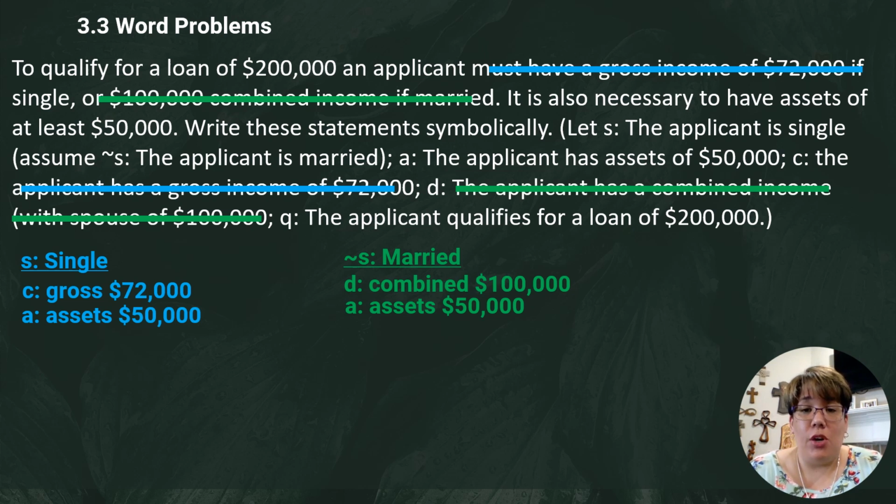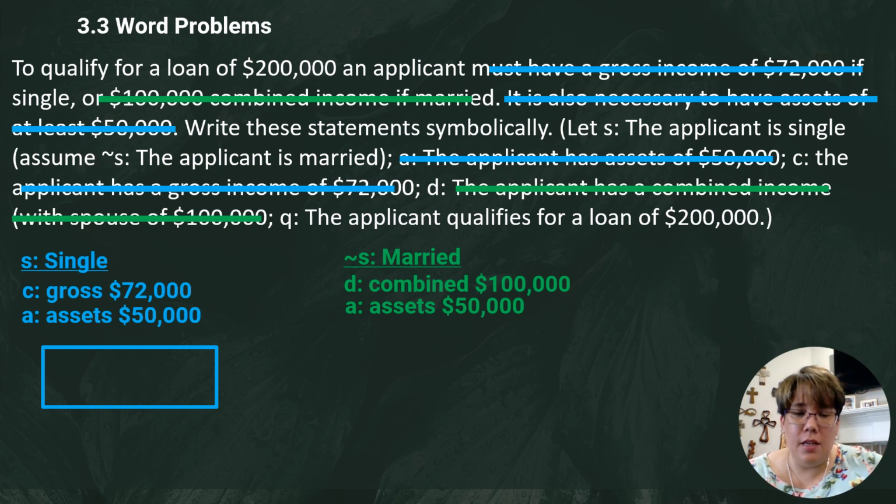It doesn't matter if you're single or married, you have to have assets of at least $50,000. They gave that the letter A, and so I put that under both people. And that pretty much took care of everything.